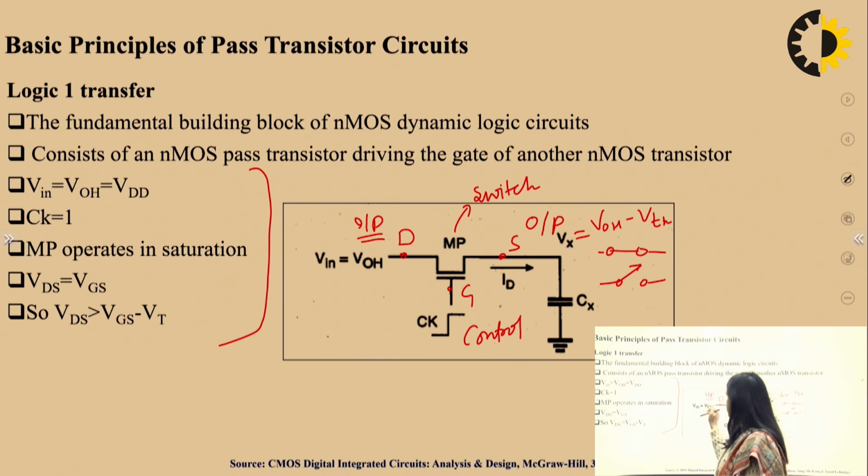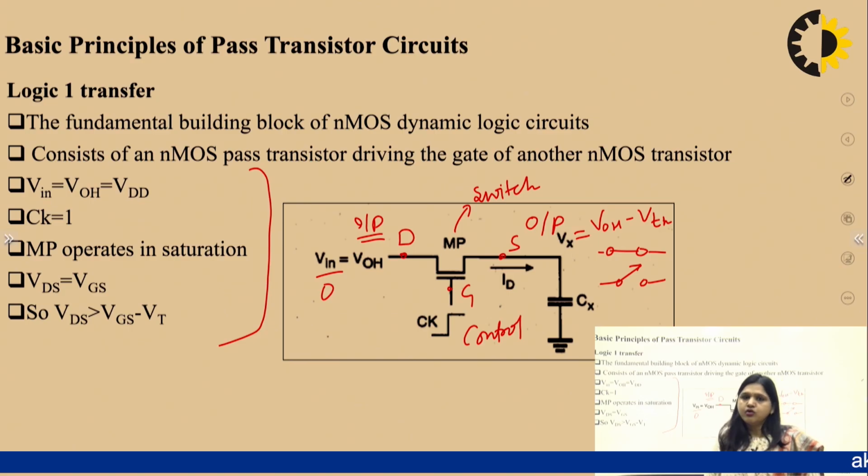In the case of zero input, suppose the clock is high and the input is 0, then definitely the output will be equal to 0. So, an NMOS pass transistor can pass 0 as it is, but it is not good at passing logic 1. Sometimes this question may be asked in the exam.